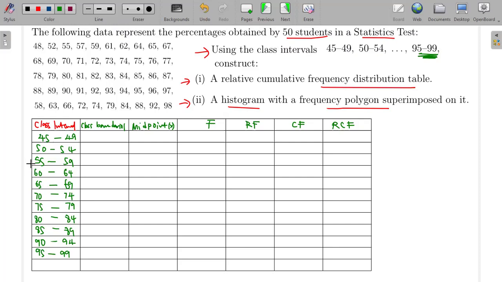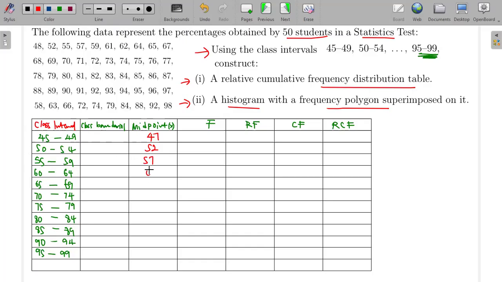Okay, and then to find the midpoints, I'll just be saying the lower class limit plus the upper divided by 2. So 45 plus 49 divided by 2, I get 47. Okay, and you can do the same for the others. For this one, you get 52. This one, you're going to get 57.